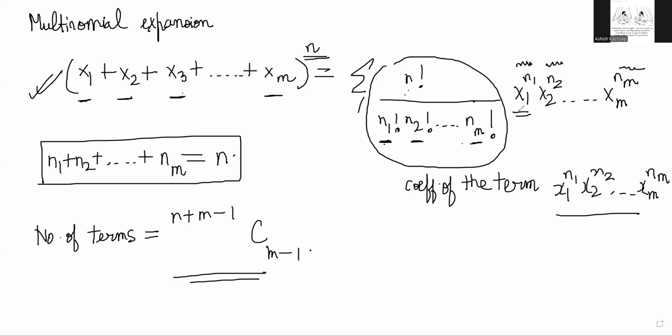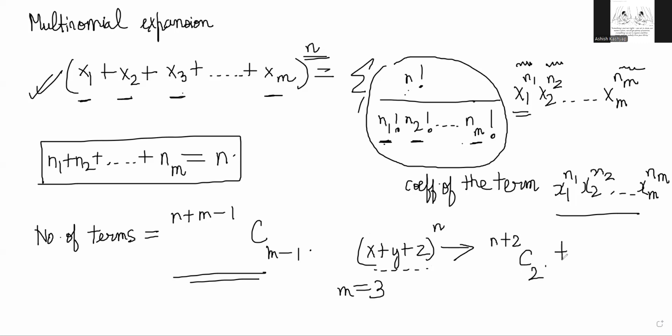So for example, if you had a series like x plus y plus z to the power n, notice here m is equal to 3. There are 3 terms. It's a trinomial. The number of terms in this series would be n plus 3 minus 1, so n plus 2 c2. There are n plus 2 c2 terms here.